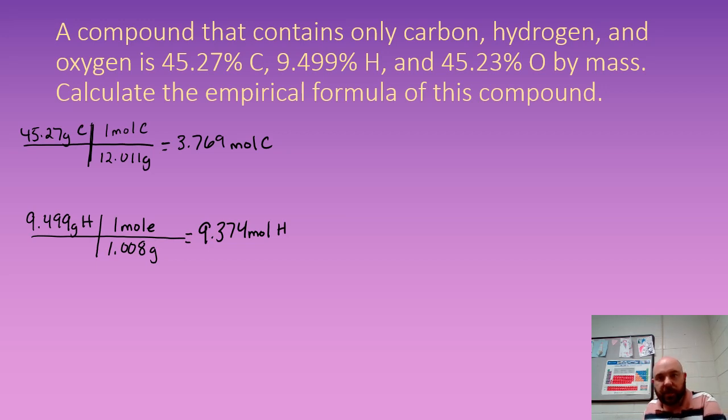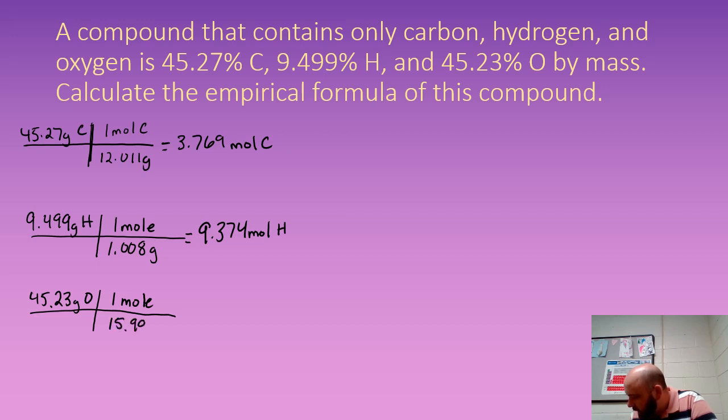And then finally for the oxygen, it will be 45.23 grams of oxygen. Set up the conversion. 1 mole of oxygen is equal to about 15.999 grams. So now we will do 45.23 divided by 15.999.